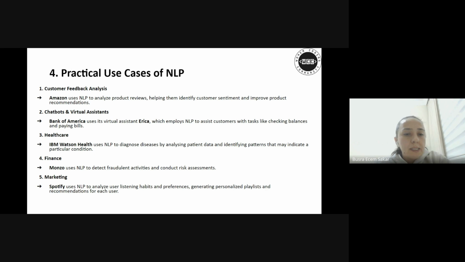So these examples highlight how NLP is driving innovation across multiple industries, helping businesses make smarter decisions and offer more personalized services. And NLP is not just about processing language, it's about transforming raw data into meaningful insight that drives real-world applications.